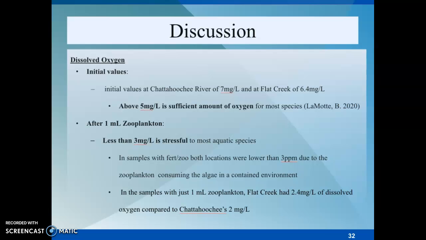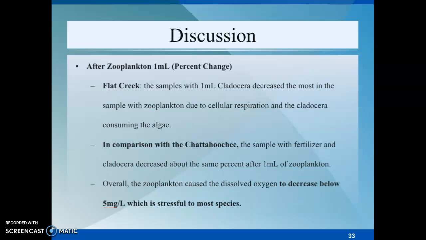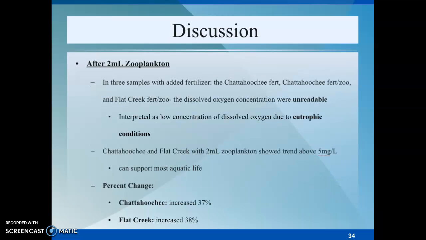Regarding dissolved oxygen, the initial values showed a sufficient amount of oxygen for most species. After 1 milliliter of zooplankton was added, they decreased below 3 milligrams per liter, which is stressful to most aquatic species. Analyzing the percent change after 1 milliliter of zooplankton showed similar results of a decrease in dissolved oxygen.